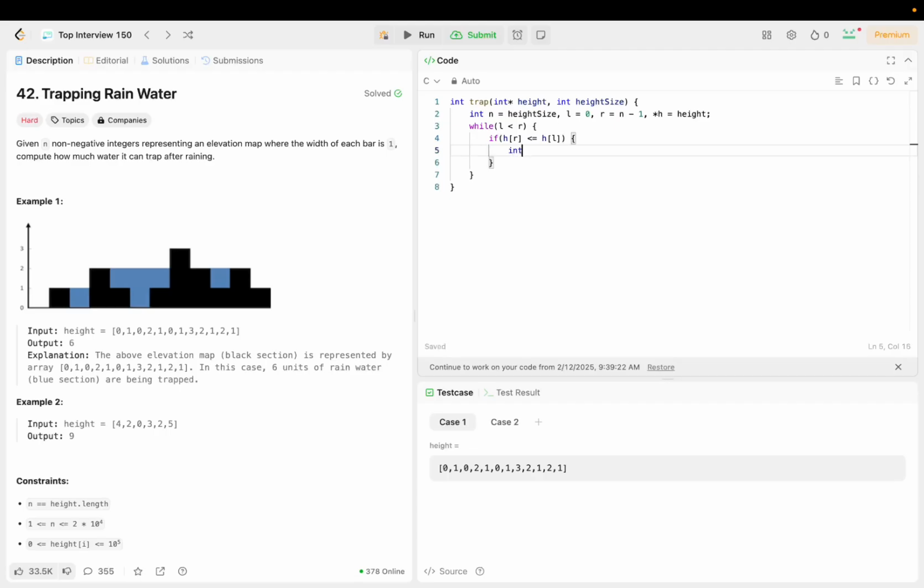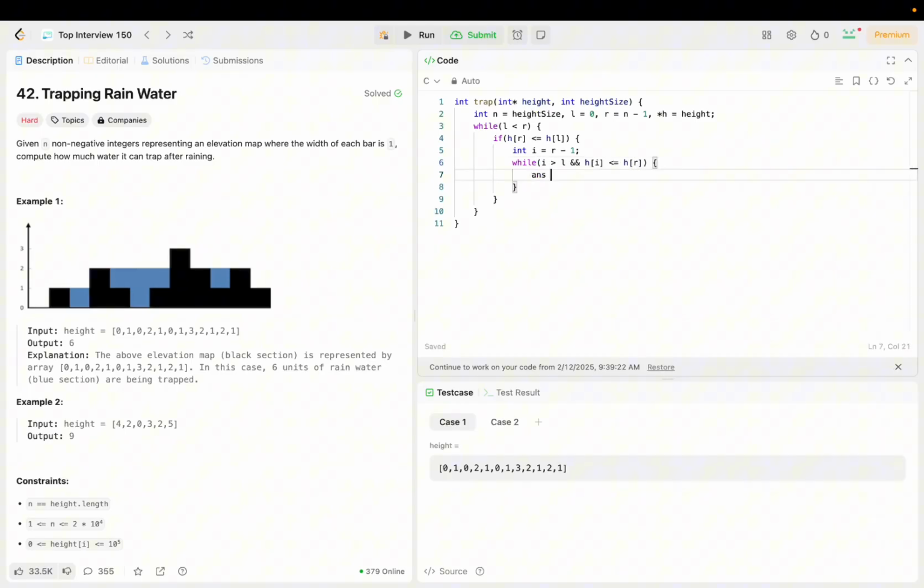In this case, we define i equal to right minus 1, and while i is larger than left and height at i is less than or equal height of r, we should add to the answer the amount of water that we can trap at index i, and we advance i to the left, and then at the end we set r equal to i.